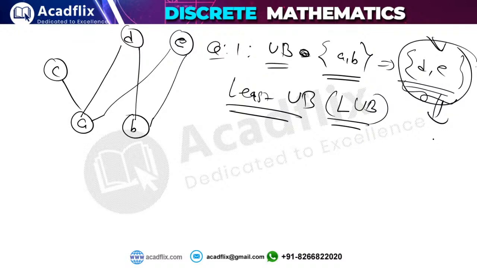So I can say that the least upper bound does not exist, because least upper bound will be a unique element if it exists.